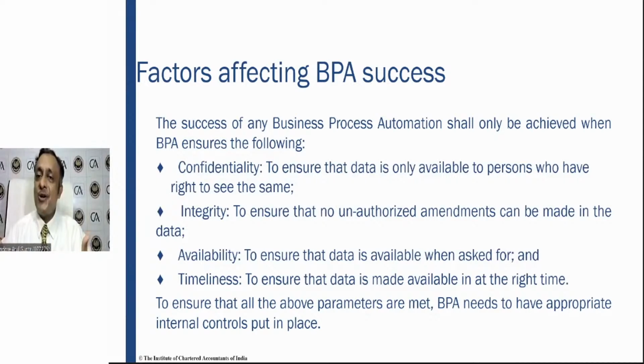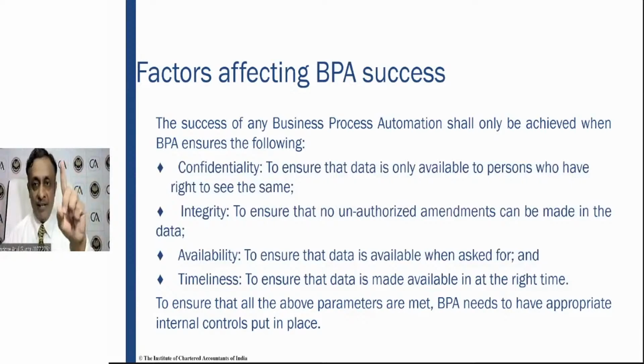So how are you going to ensure confidentiality? By creating passwords, giving access authorizations. That is how you create confidentiality. So if I have a password, say in Tally, if I have a data entry password, I can create a voucher. If I have a data entry password, I cannot create a master. Or if I can create a voucher, I cannot alter a voucher. That is confidentiality. The right person has the right access.